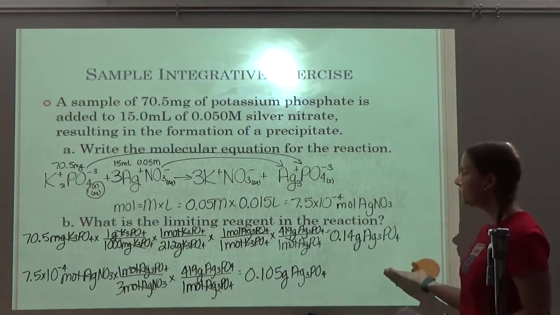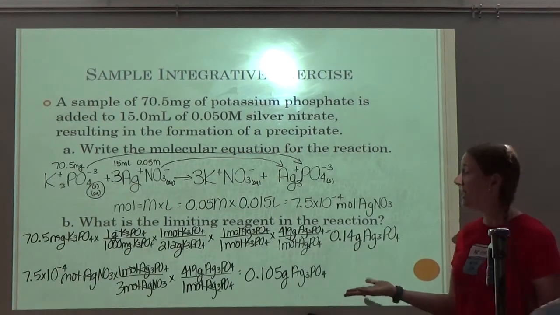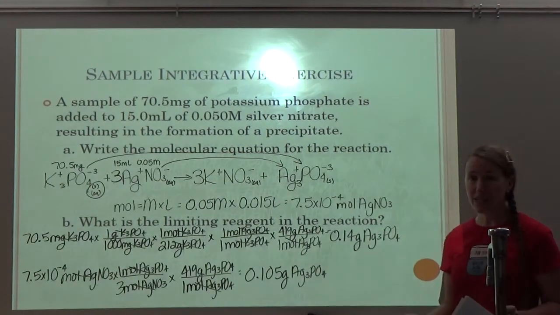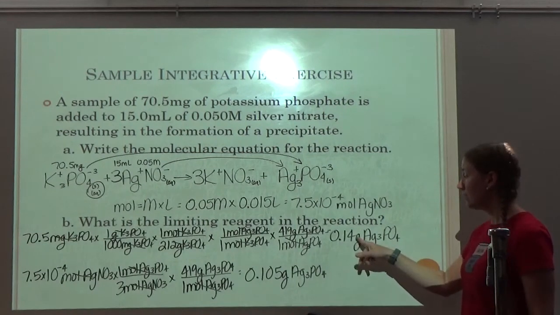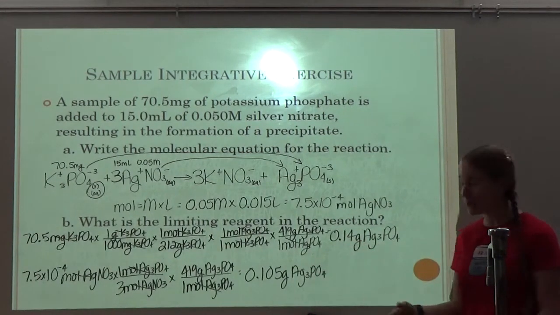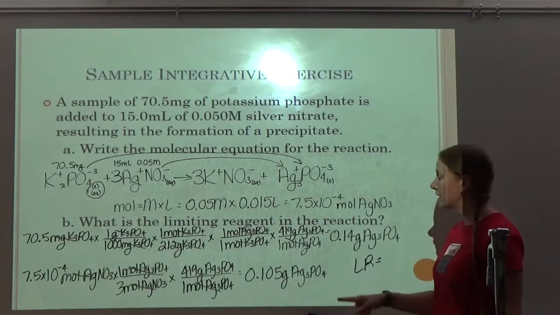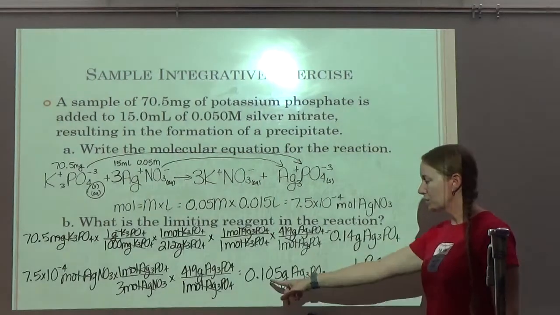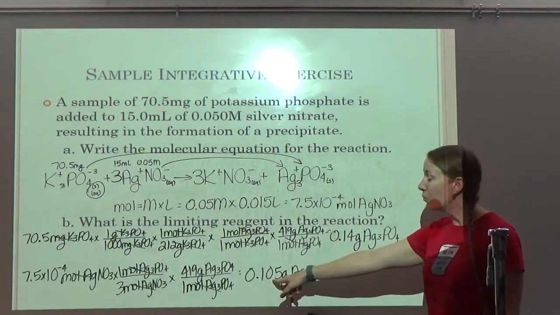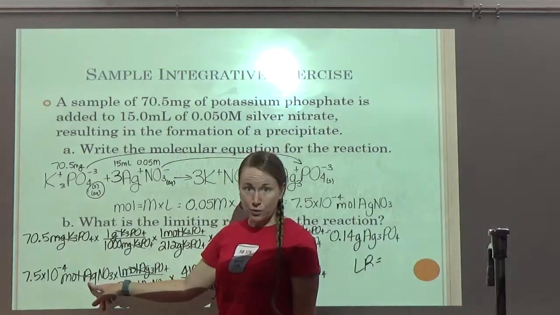Now notice this question didn't ask how much of my precipitate I can produce. It asked what is the limiting. So remember, a lot of you like to try to label these two things as limiting. That's not the way it works. Okay, the limiting reagent, you find the lower of the two numbers, 0.105, and you look at what made the lower one.